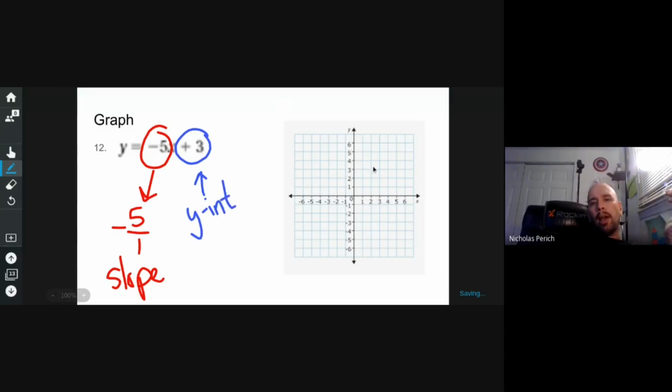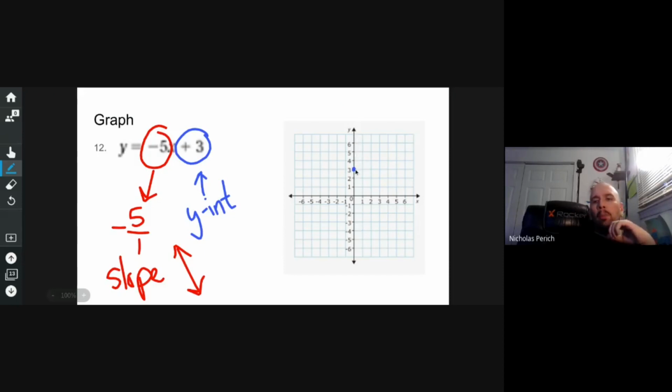So I go to my y-axis. There you are. I go to +3 and put a dot right there. Now I go to my slope, which is -5 over 1. Negative slope goes down and to the right or up and to the left. So I'm going to go up 5, left 1. Up 1, 2, 3, 4. Ran out of room.